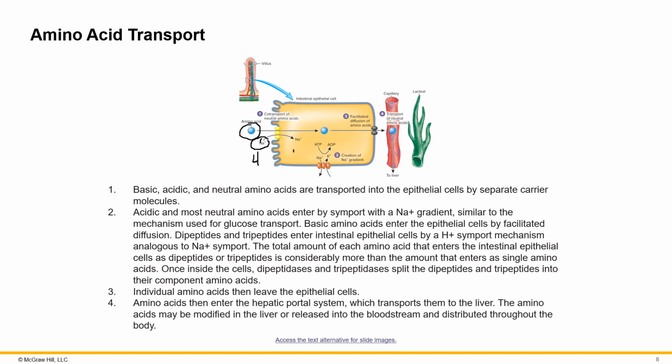So sodium goes by diffusion from the digestive lumen into the simple columnar cell. So amino acid is co-transported, symported into the epithelial cell along with that sodium diffusion. Once inside the cell, it is absorbed into the bloodstream using facilitated diffusion.